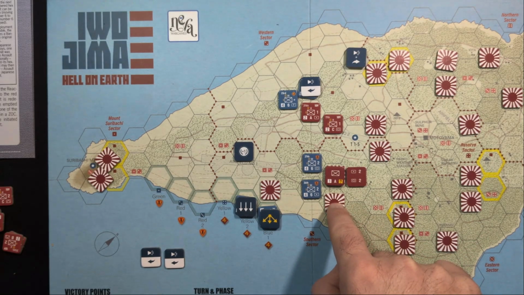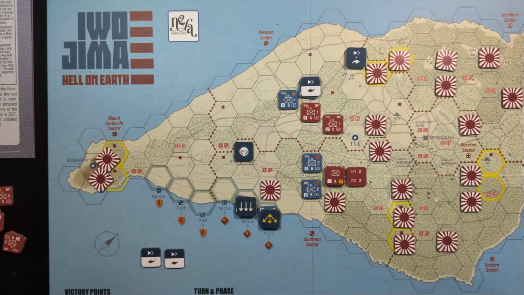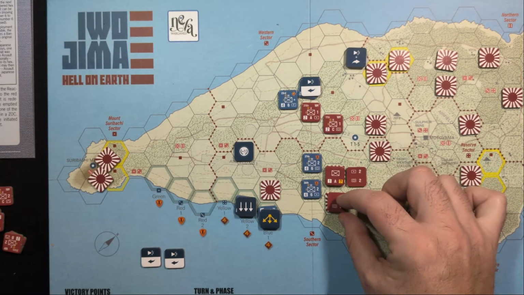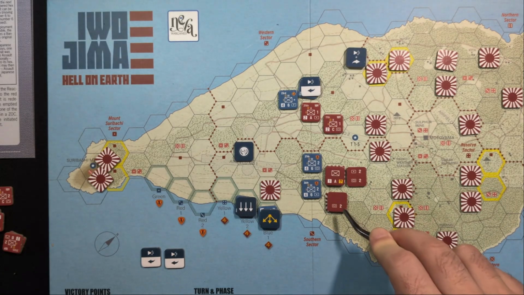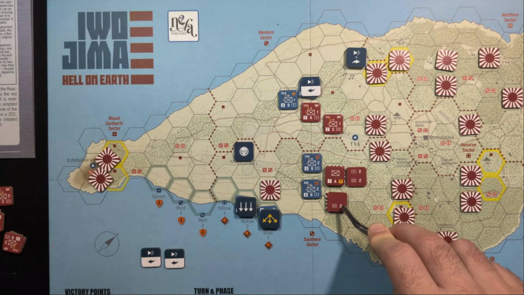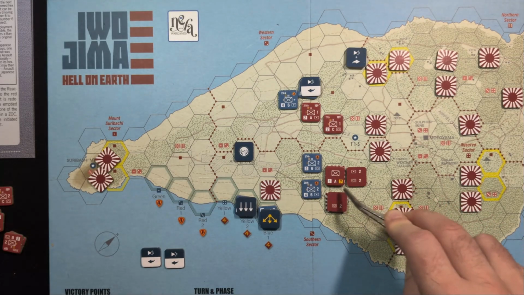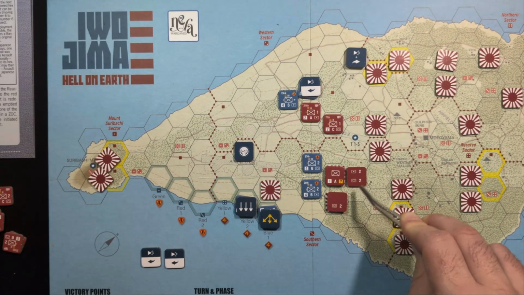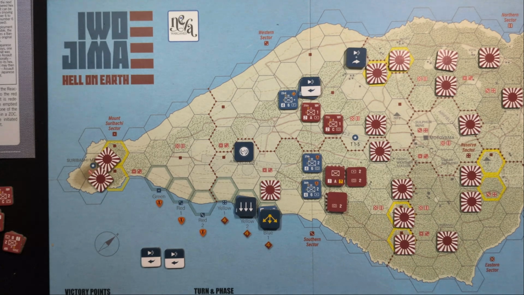But also for this unit that is hidden, you need to draw 1 additional counter, also showing the combat support side, and it's providing a support of 2 tanks. So overall, when you are attacking this unit, you will need to count that it has a combat support of 2 artillery and 4 tanks.